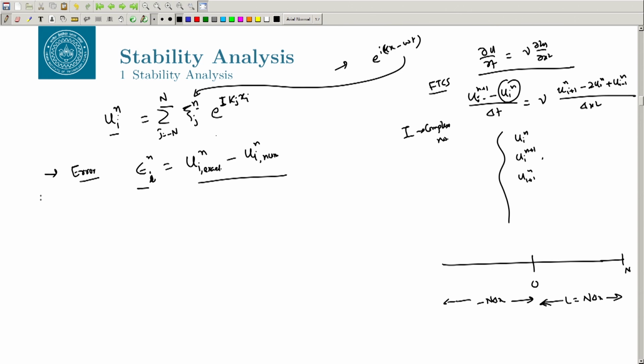That is why we have taken the time information here, and we will analyze how the amplitude is changing with time.